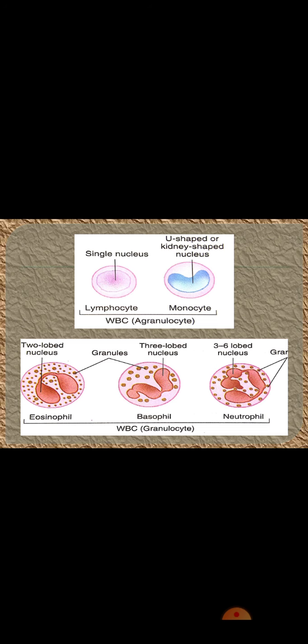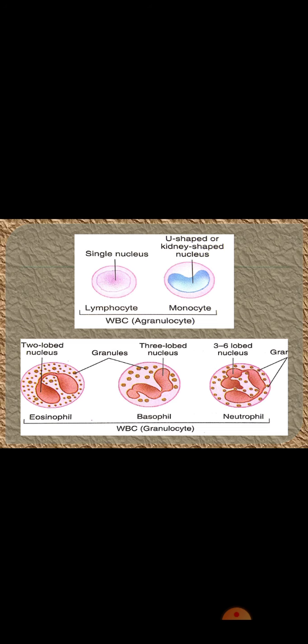It is the last part of granulocytes and most numerous, forming about 70% of total leukocytes. The nucleus is 3 to 5 lobed, as we can also see in the diagram. Granules are large and are stained with neutral dyes. Therefore, they are called neutrophils. These cells are phagocytic in nature, meaning neutrophil cells engulf microbes, and this process is known as phagocytosis.